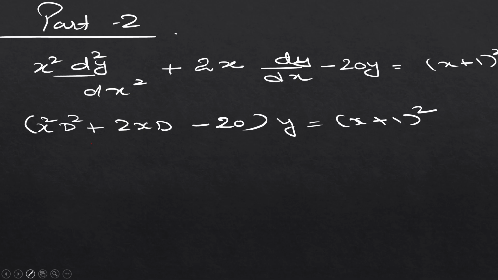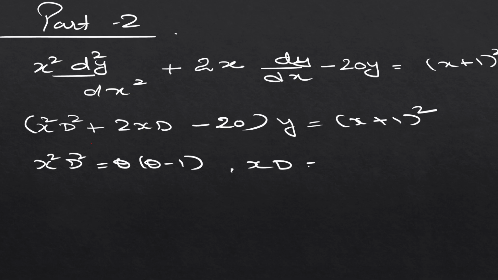As I told you in the last video, if it is a differential equation with variable coefficients, then what we will do here is replace x square d square by theta into theta minus 1, and x into d by theta. In this case we put e raised to power z as x, so log of x equals z.